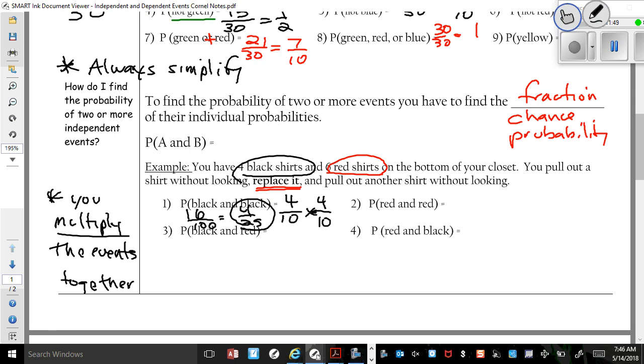The more they ask you to do, the less likely it is to happen. Does that make sense? The more they ask you for, the less likely, unless it says or. Or we add, and we multiply.